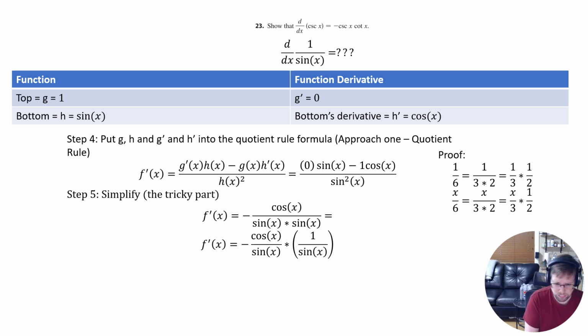And to show you further proof here, I just replaced the 1 on the top with an x, and you can see that we can split this expression apart too. Basically all we're doing is splitting that 6 on the bottom to be a 3 times 2, and then we're putting the x on one of the two fractions. We're just multiplying by 1, because if you multiply something by 1, you don't change its value.